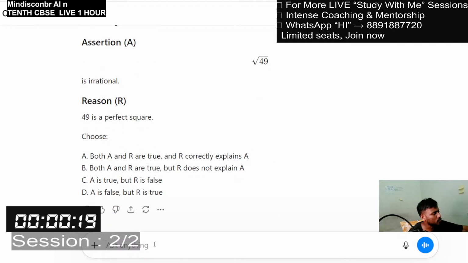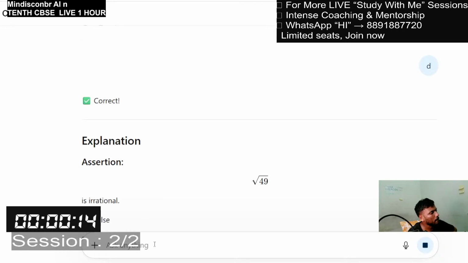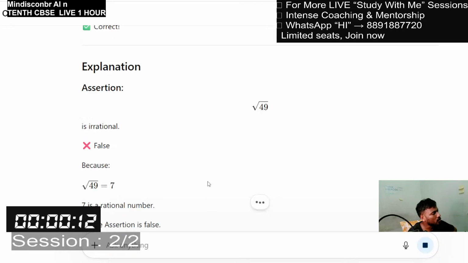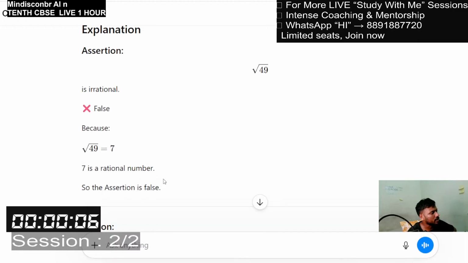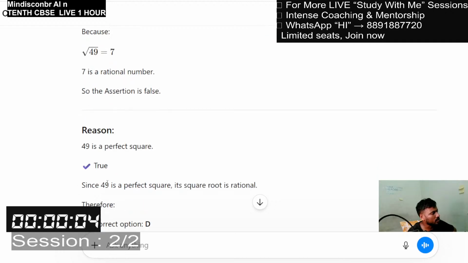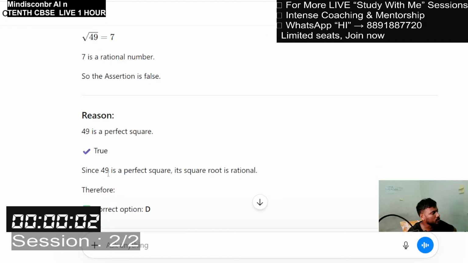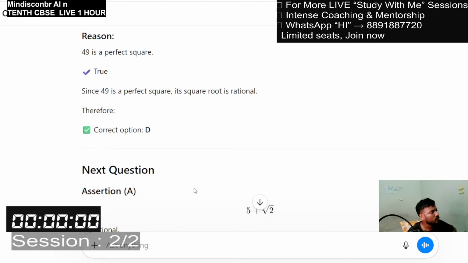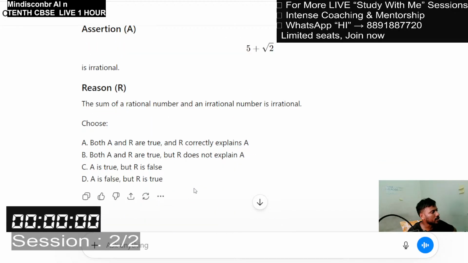So the answer is D. Since 49 is a perfect square, its square root is rational. Therefore, the correct answer is D.